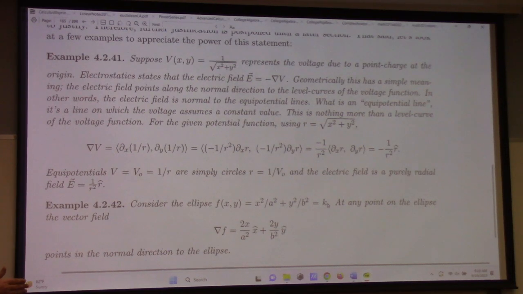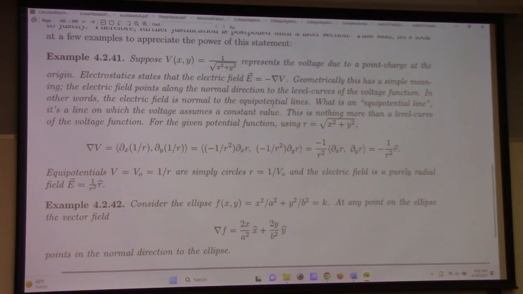This corresponds to the fact that, like in electrostatics, the electric field pushes positive charges in the direction of lower voltage, right? Nature likes to make voltage decrease. That's the natural direction of things, which is why you have to put a minus in for the relation between the electric field and the voltage, like up there.